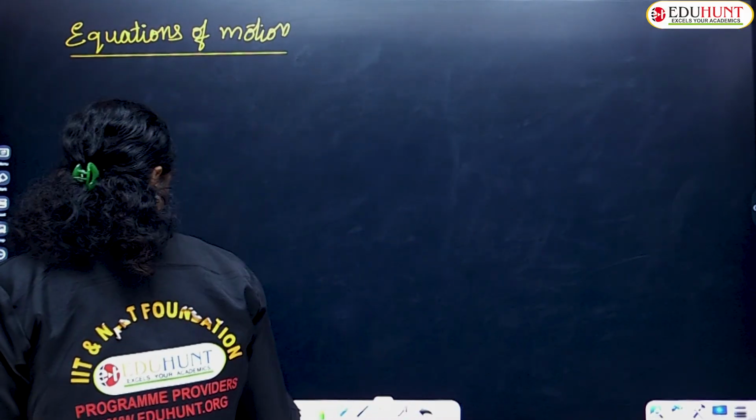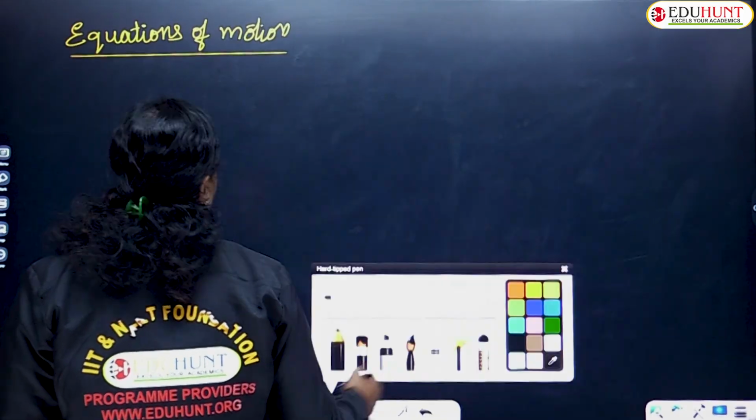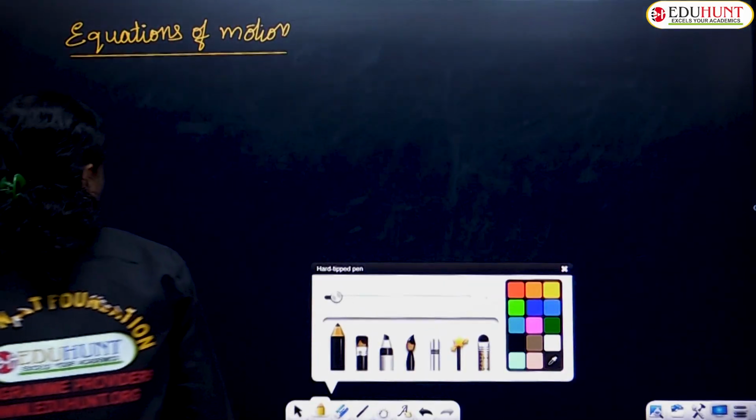Falling body. So freely falling means its initial velocity is considered as 0.